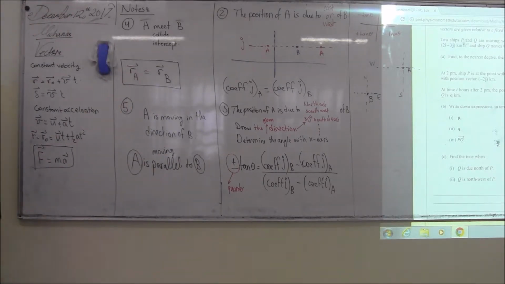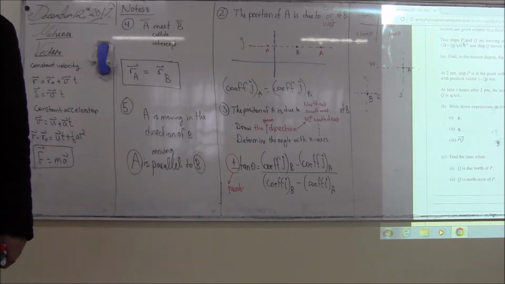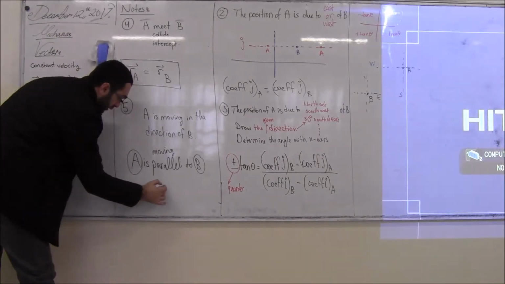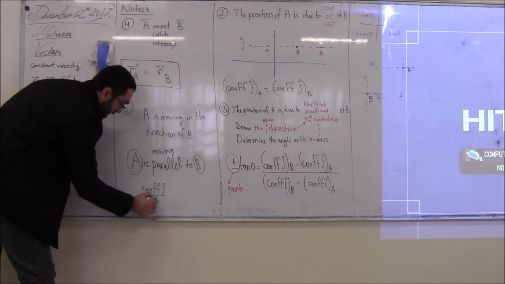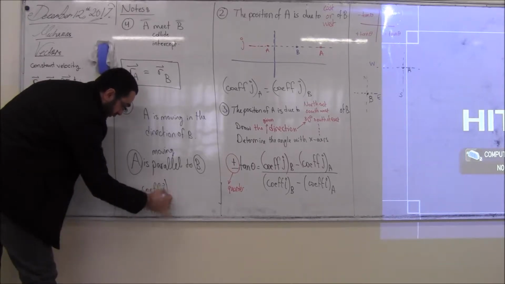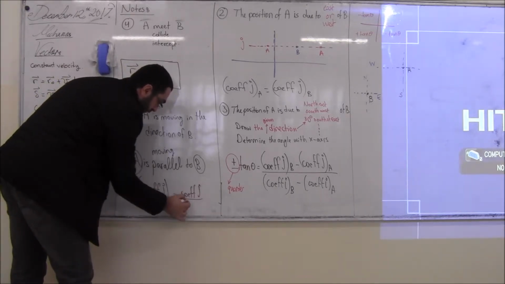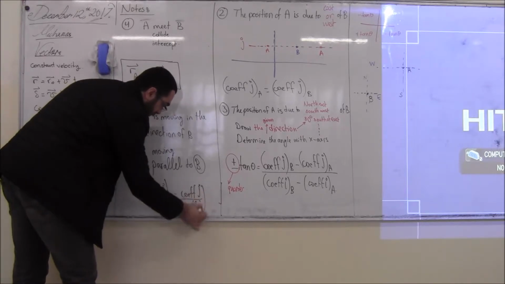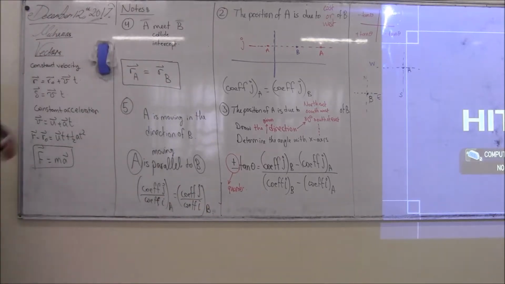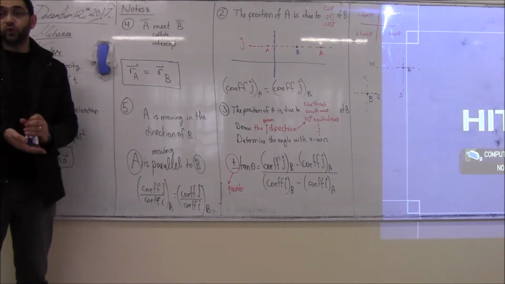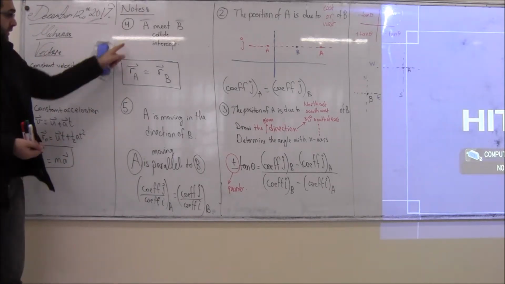The coefficient of J over the coefficient of I for A should equal the coefficient of J over the coefficient of I for B. Guys, if you use these notes, this will help you analyze any question in the past papers. And I will show you now how. Any question about the 4th and 5th one?